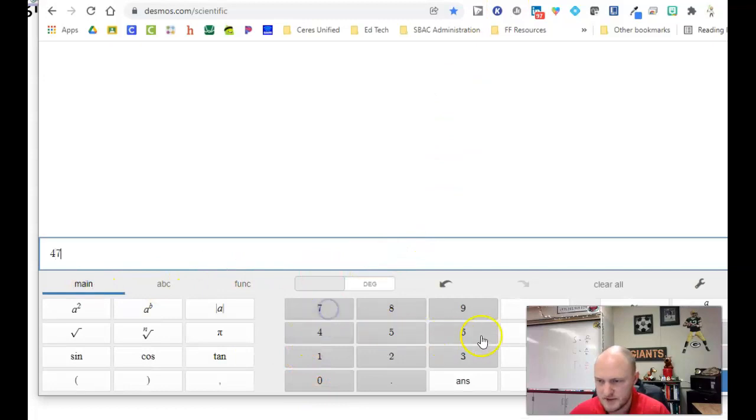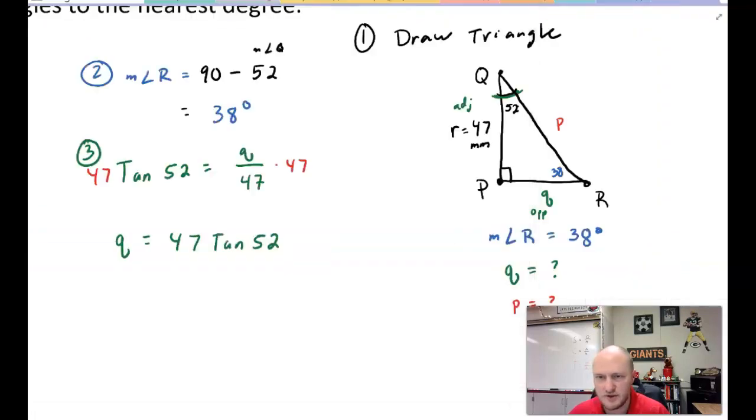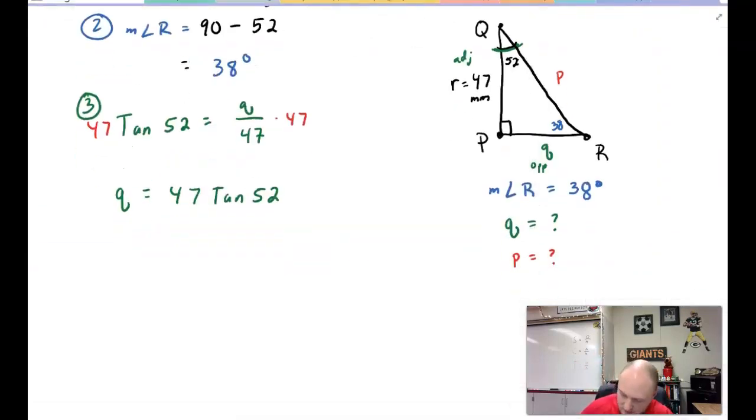All right, 47 times tangent of 52. And we get 60.2 if we're rounding to the nearest tenth. So Q is 60.2. And this is millimeters. Make sure to include units.